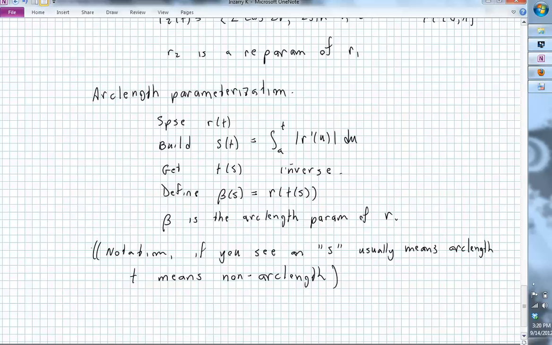It's referring to distance along the curve. And t, usually you can't assume anything. It's just arbitrary parameterization. All right. So you're given some function, or some trajectory r. You build the arc length function, which can be onerous. You find t of s, which could also be pretty onerous. And then you define beta of s as the composition of r and t of s.